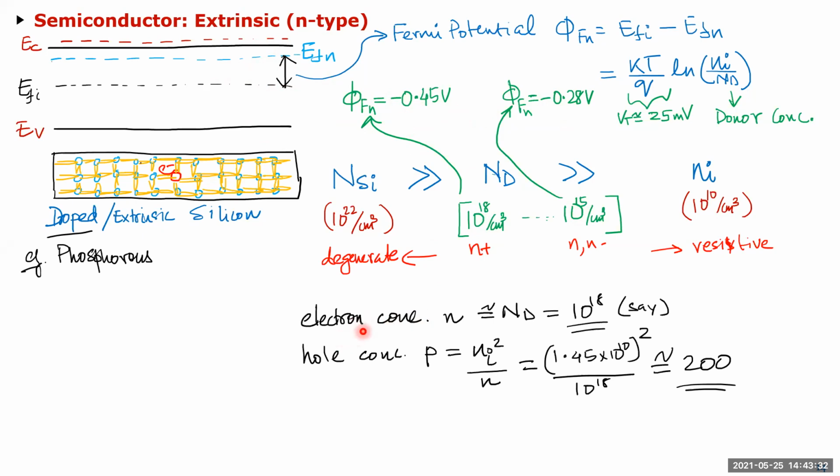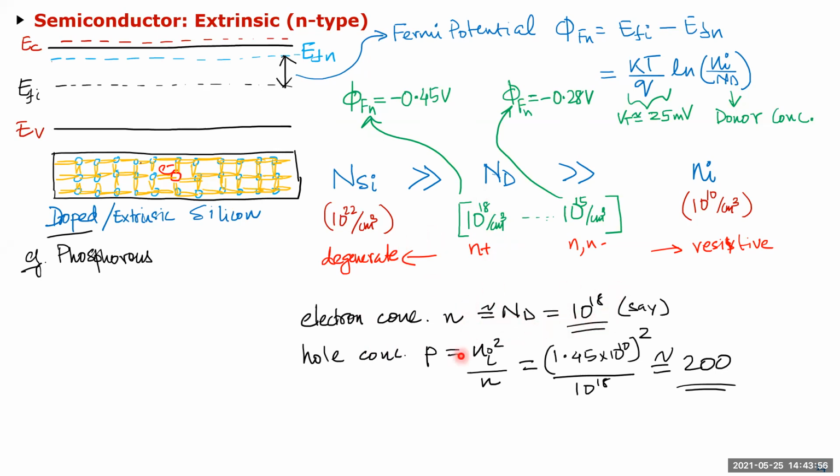And you can calculate the electron concentration and hole concentration at room temperature using the expression I showed before. So the electron concentration is pretty much the same as the doping concentration. Let's say you've done 10 to the power 18 per centimeter cube of doping of phosphorus, then your electron concentration at room temperature is pretty much equal to that, right?